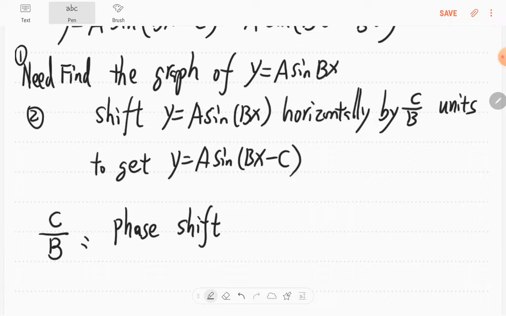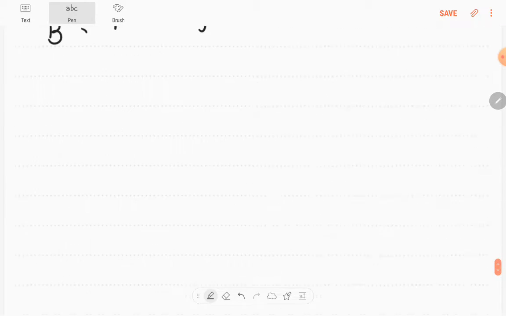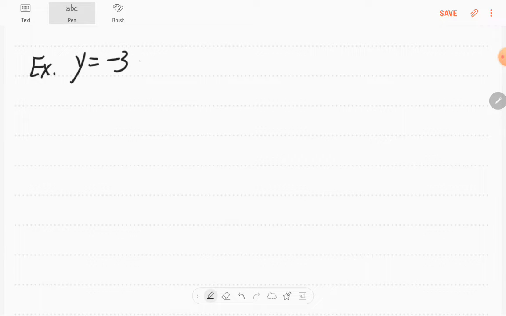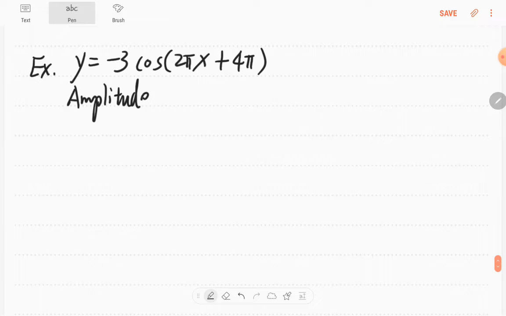So we can use one example. This example is y equals -3 cosine of 2 pi x plus 4 pi. So the amplitude is the absolute value of -3, which is 3.